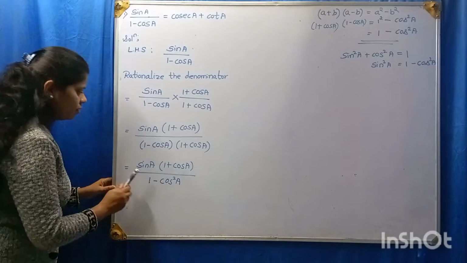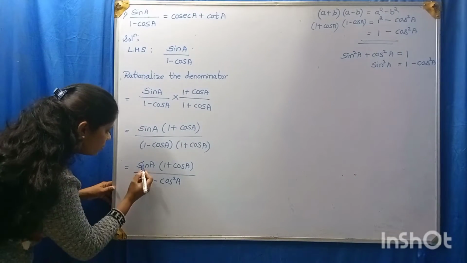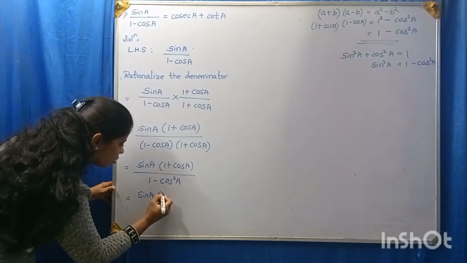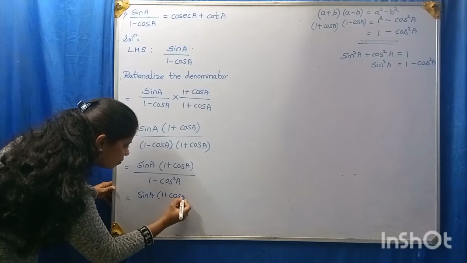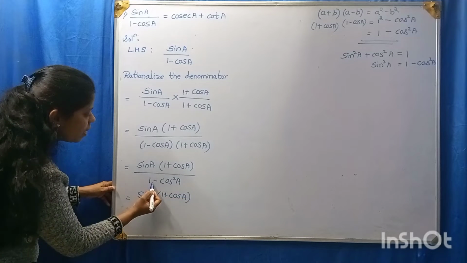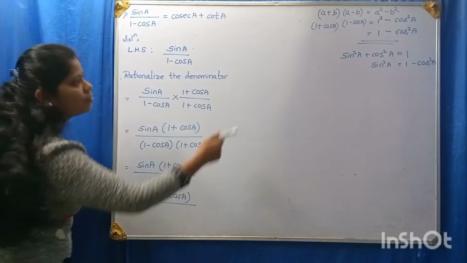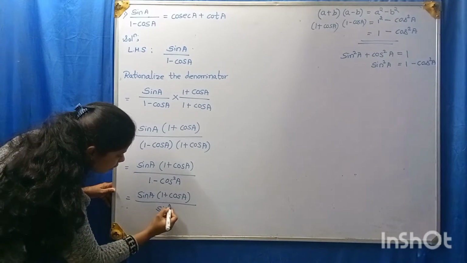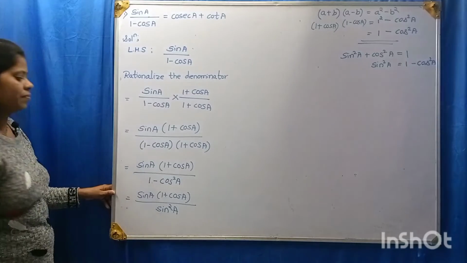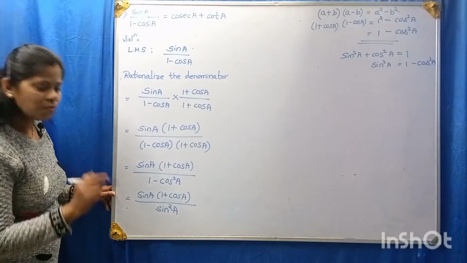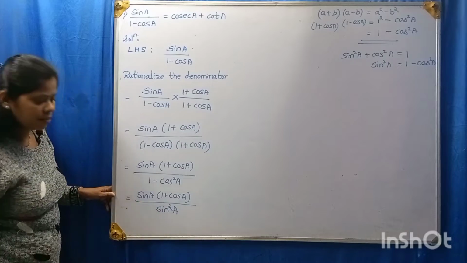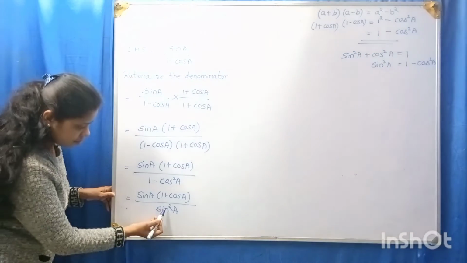Okay? Therefore, sin A into 1 plus cos A, let me write as it is. But this 1 minus cos square A, we can write it as sin square A. Now observe carefully. Sin square A and sin A will get cancelled.